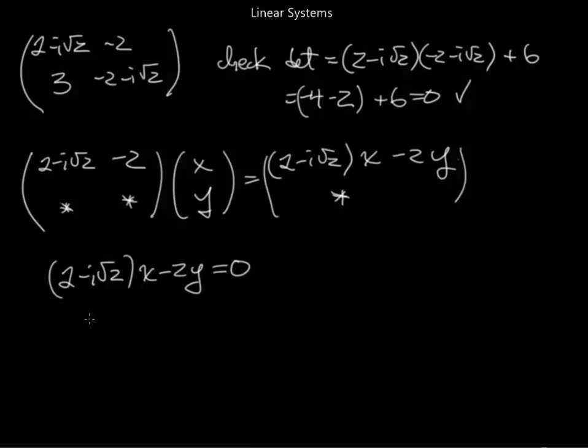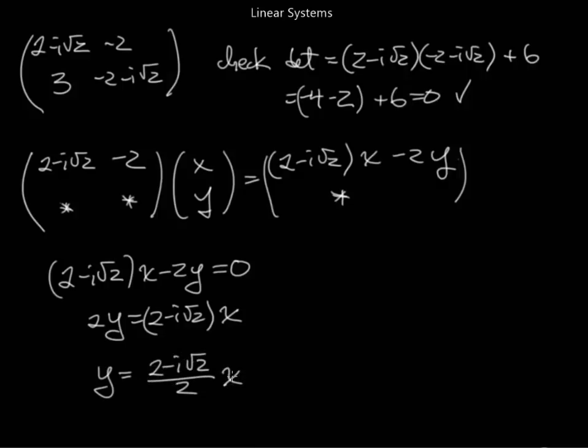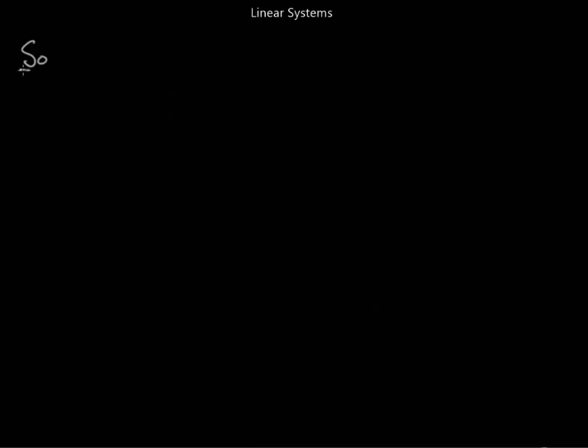There are two unknowns, so I'm free to take one of them to be whatever I want, and that gives me the other one. So y is equal to 2 minus i radical 2 over 2 times x. And just because I hate fractions, I'm going to take x equal to 2, and y is then equal to 2 minus i radical 2. It doesn't matter which, you can multiply by a scalar, it won't make any difference.